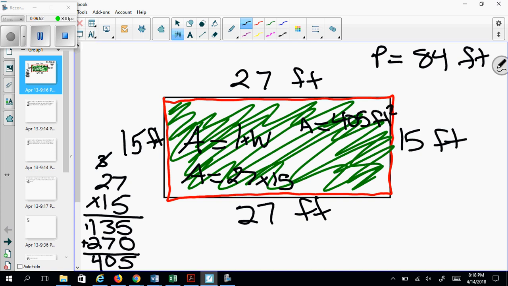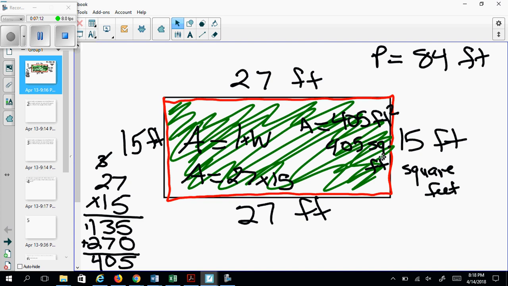Now remember, there's two ways to write square feet. You could either write it this way, feet with the little 2 above it, or you can write 405 square feet, and actually there's 3 ways, because you can actually write out square feet. So if you didn't want to use the shortened version, or if you saw this version somewhere on a test or out in a store, because remember, this is something that you're going to use in your lives, so you need to make sure that you practice.